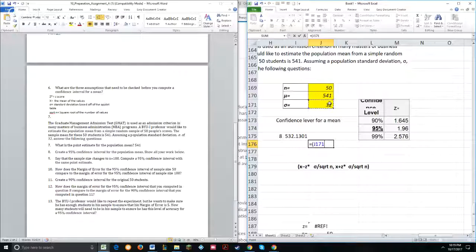Divided by the square root of 50, or n, J169. Okay. Then move the decimal point to just 3. Well, that shouldn't matter. Will that not change anything?